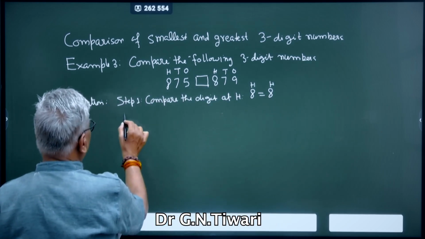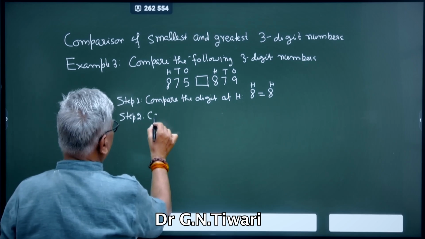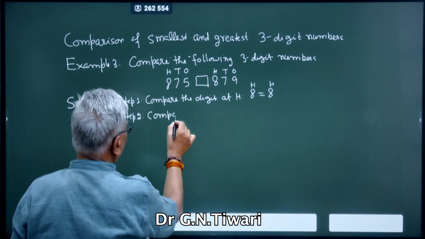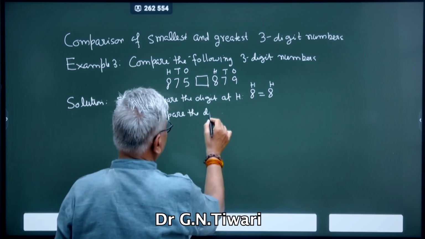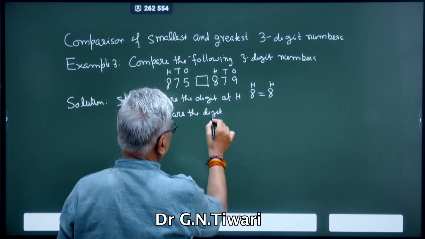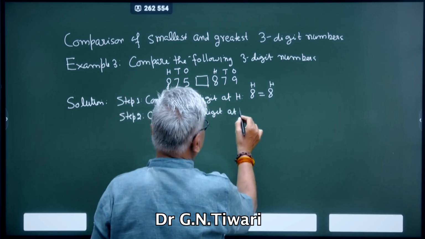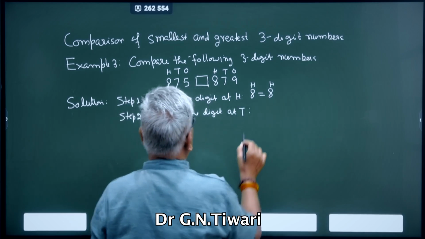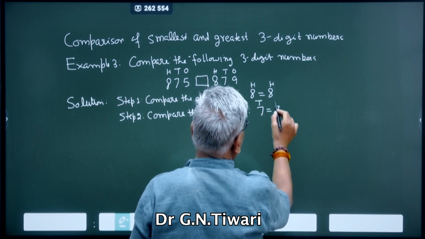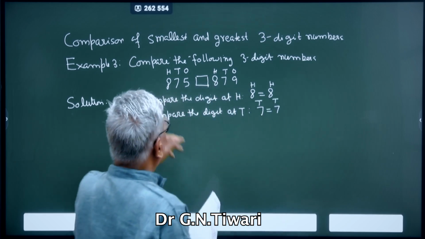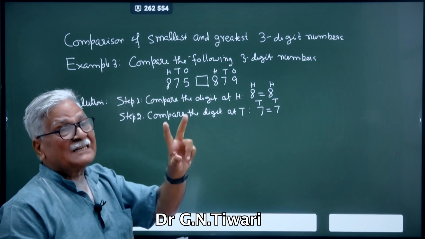Now step 2, compare the digit at T. That means 70 is equal to 70. So at H and at T, both digits are the same.